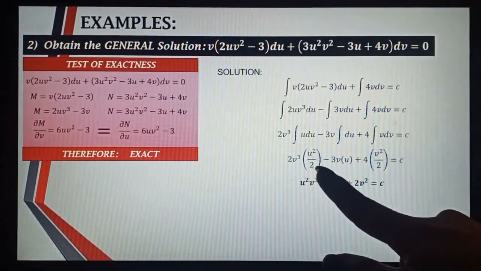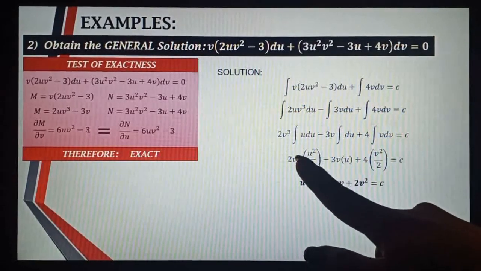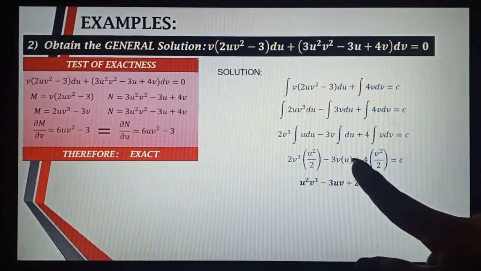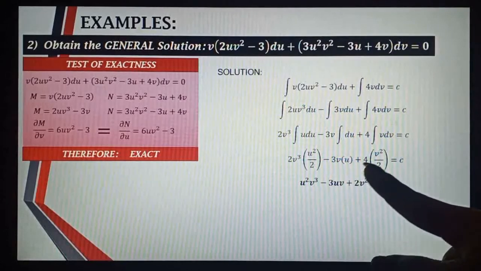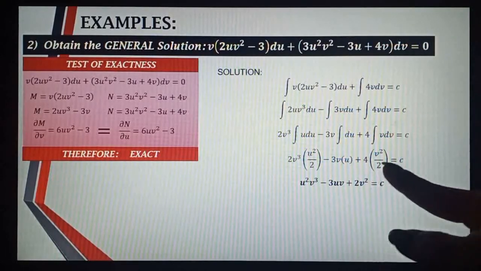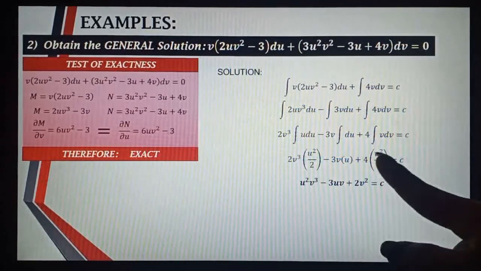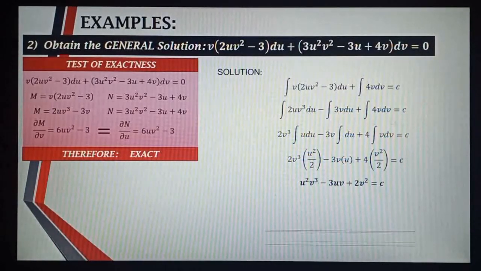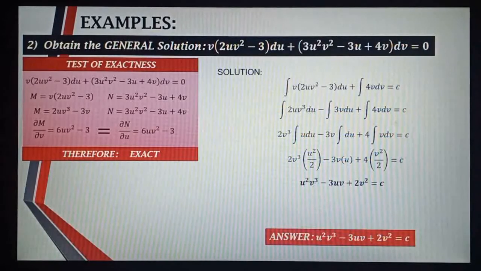Makakancel si 2, ang matitira na lang is u squared v cubed. Tapos second term is 3uv. Then for the third term, simplifying 4 over 2, that is 2, multiplied to v squared equated to c. Now, the general solution for this equation is u squared v cubed minus 3uv plus 2v squared equated to c.